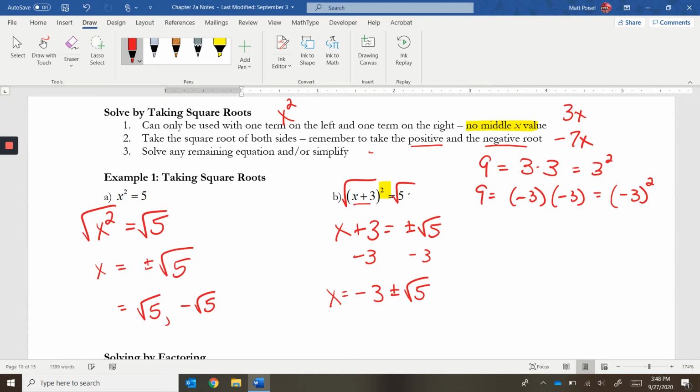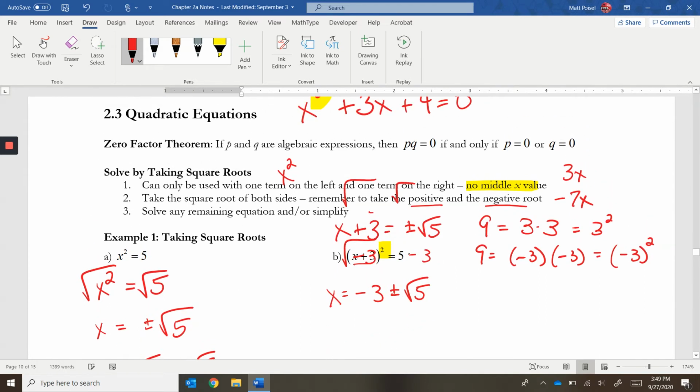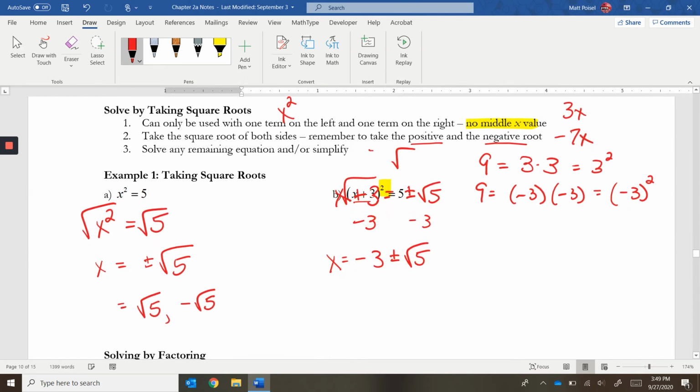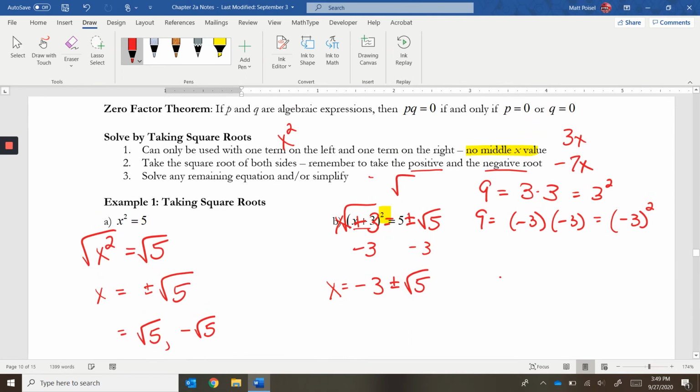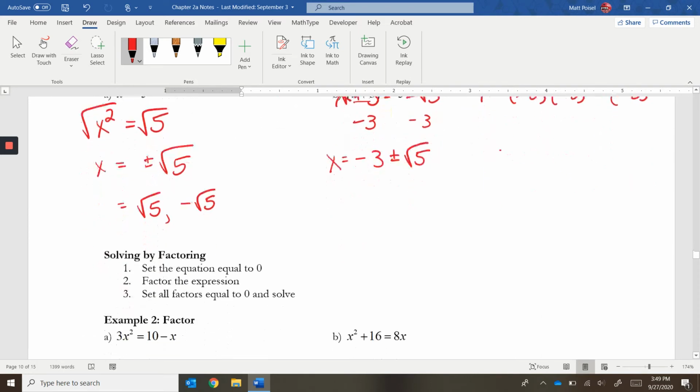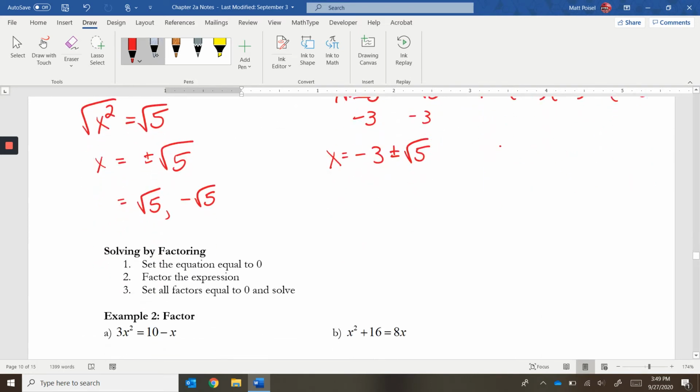All right, so now we're going to look at example 2, but before we get that, up here, this zero factor theorem, this is just a theorem that says if we have 2 expressions, then p times q equals 0 if and only if either p equals 0 or q equals 0. Okay, so the easiest way to think about that, and what's really going on here, is that we're going to multiply 2 numbers and we're going to get 0.